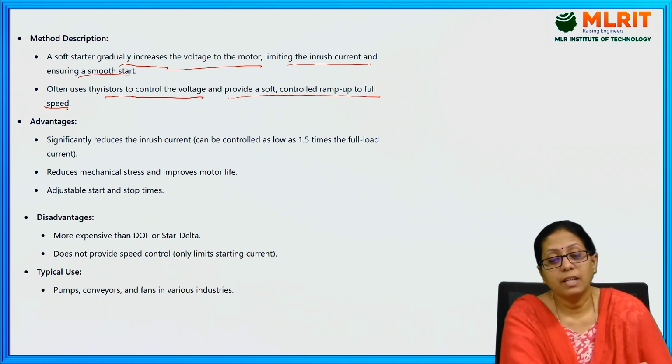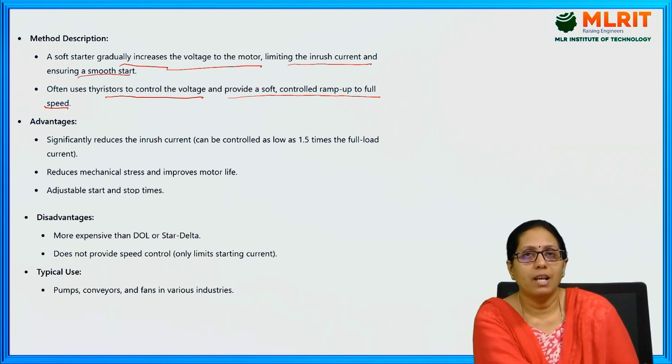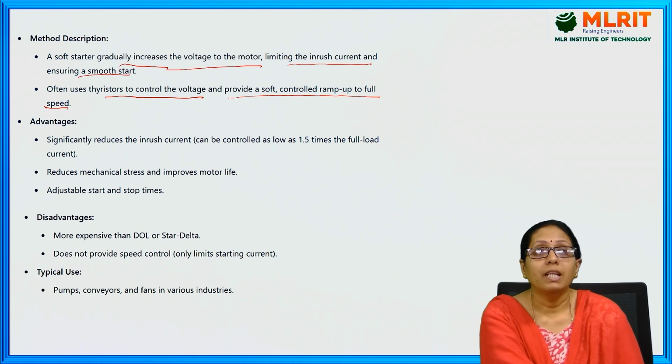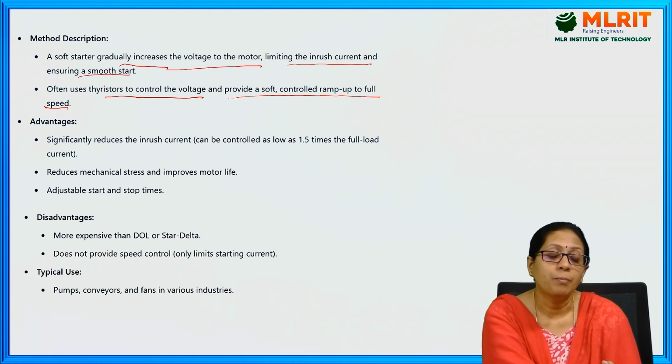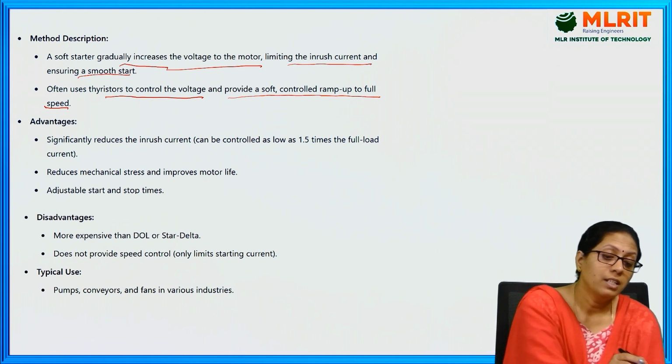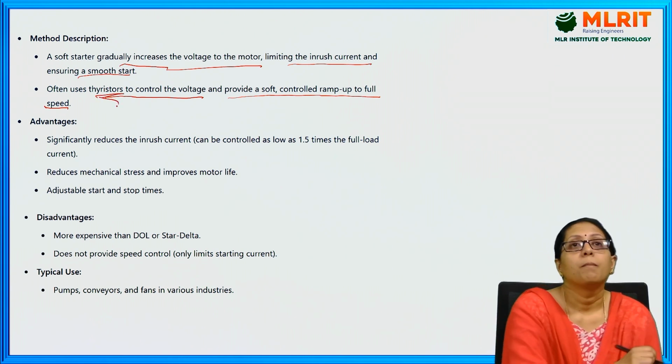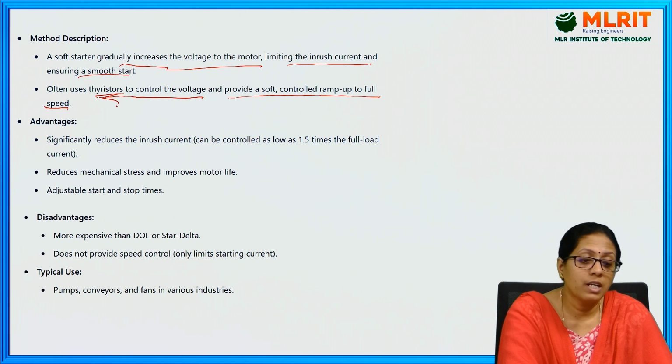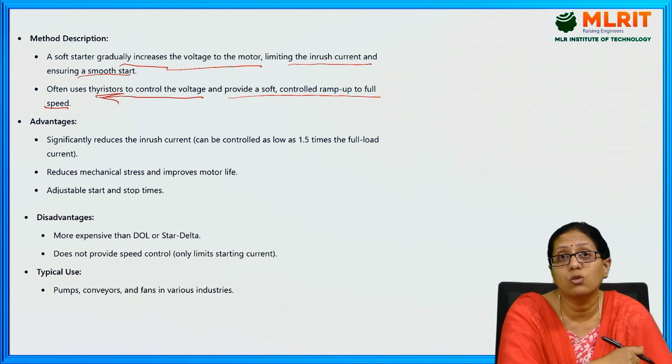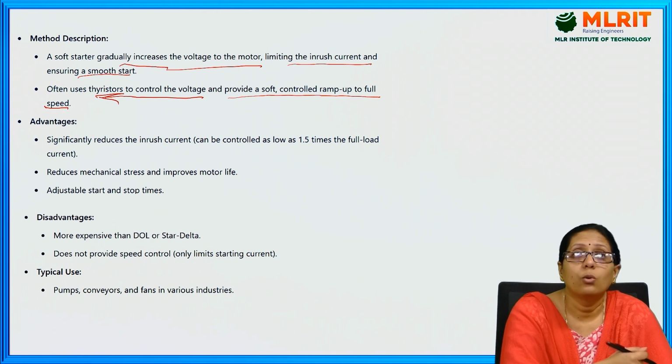That means initially the voltage is very low and slowly the voltage is increased to the full load level, using the thyristors. The control of the voltage is done softly, and the voltage is increased gradually.